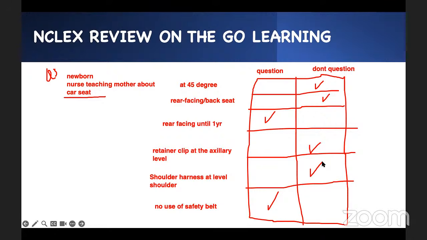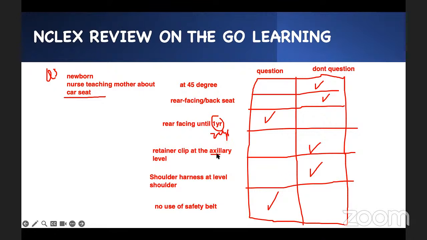I'll give you a select or apply question in the SATA form. You ace it. You see? Select or apply. You see this? This is the way the car seat for a newborn should be: rear facing and in the back seat. Okay, rear facing until they are what? Rear facing until they are 2 years old.